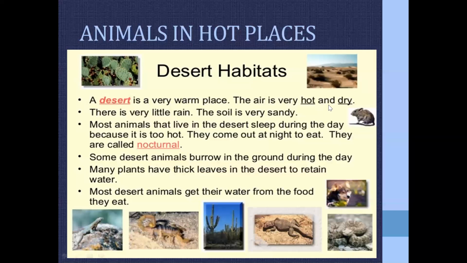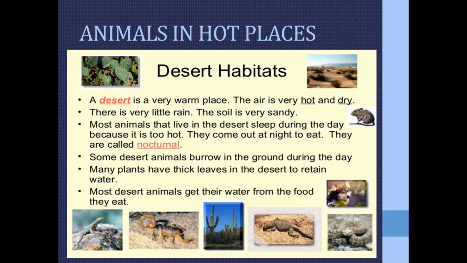These are the climatic conditions of the desert. There is very little rain. The soil is very sandy, basically like sand. It's a warm place, the air is very hot and dry, there is very little rain, and the soil is very sandy.